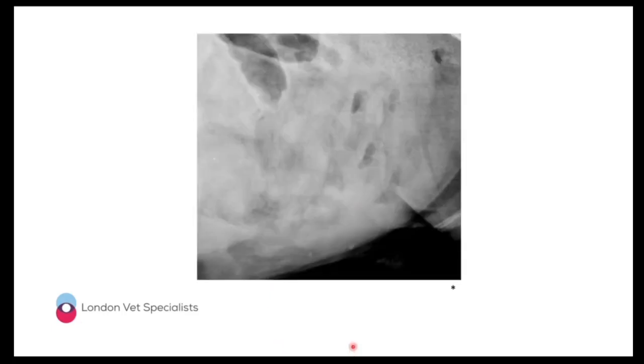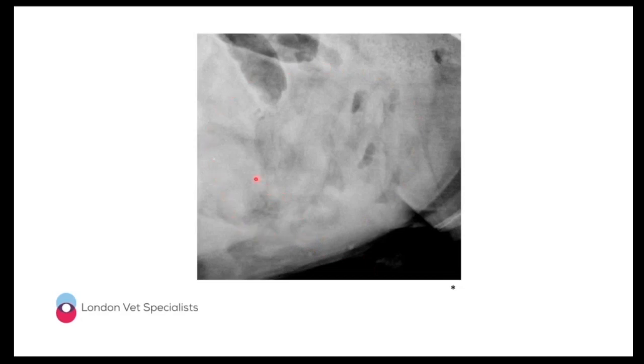So this is another example of a patient with peritoneal fluid. This is a dog, and it's a little bit tougher to see in this patient relative to the cat that we looked at previously. But hopefully you guys can appreciate that the serosal detail here isn't anywhere near as good as it should be.